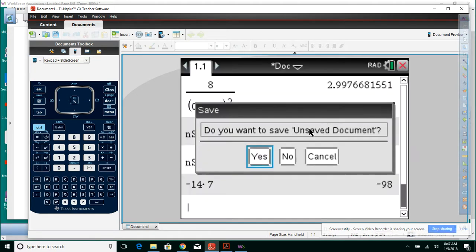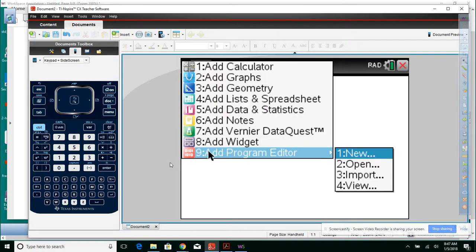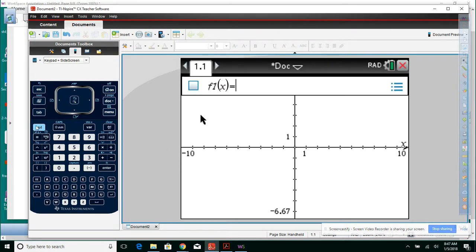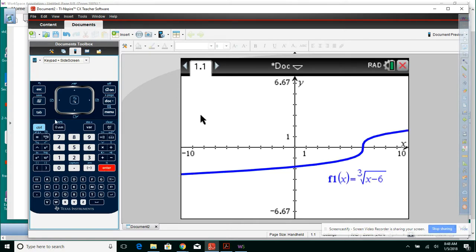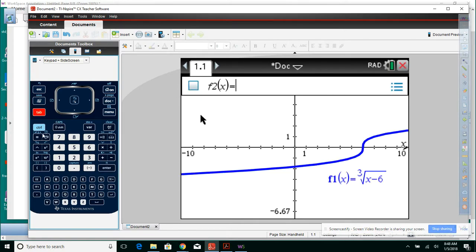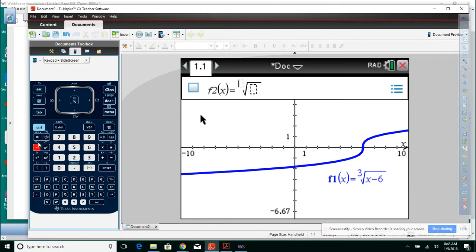Let's go back to number 5 and try that. You've got the cube root of x minus 6. Enter. Then tab, and you've got the cube root of 3x plus 24.